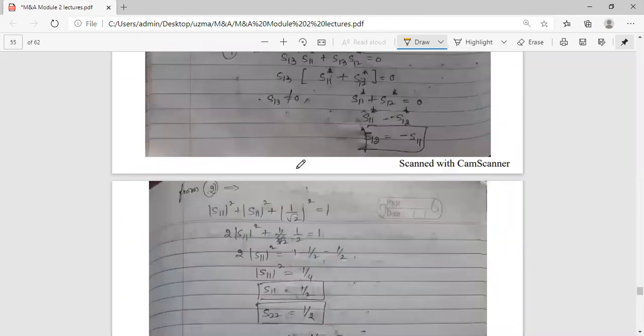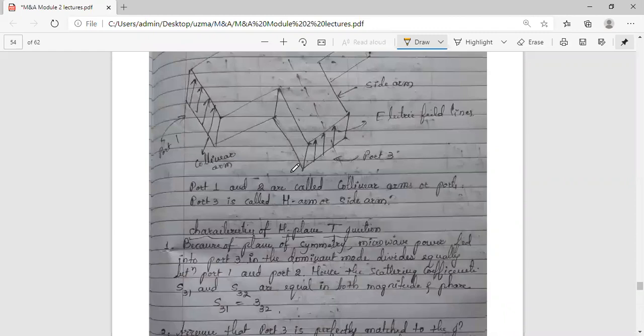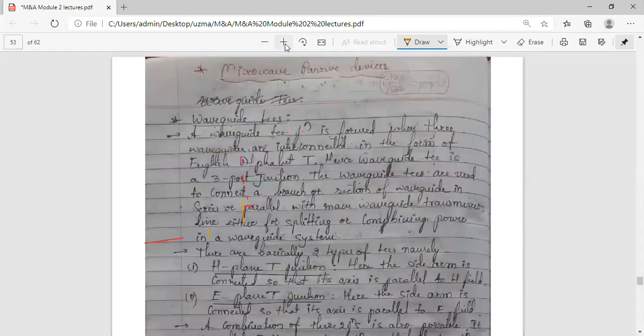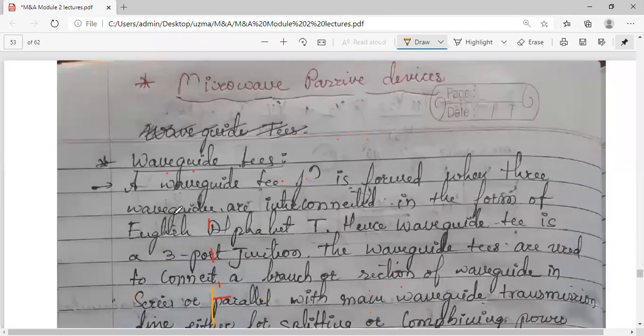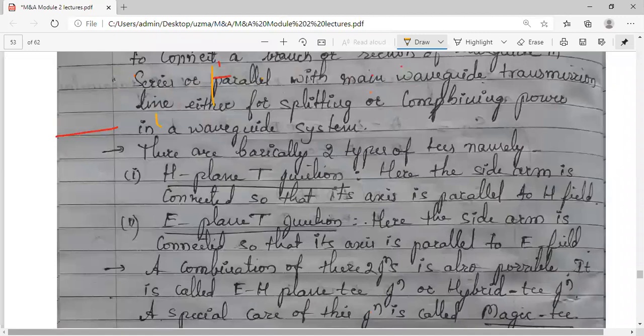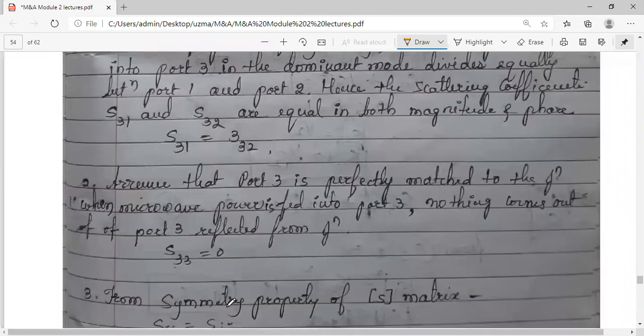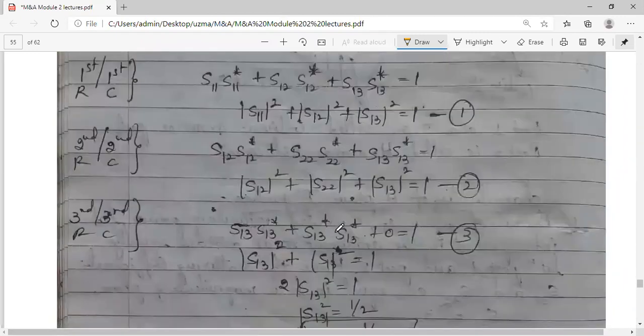Now coming to the introduction part, let me read it out. A waveguide T junction is formed, junction, when different things meet, that is the point we call a junction. So a waveguide T junction is formed when three waveguides are interconnected in the form of an English alphabet T. So obviously, look at the figure, how many rectangular waveguides are joined here.